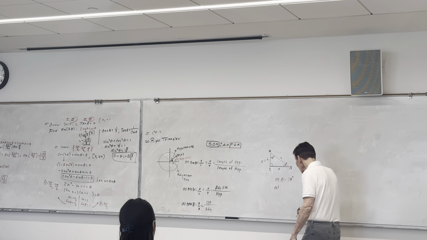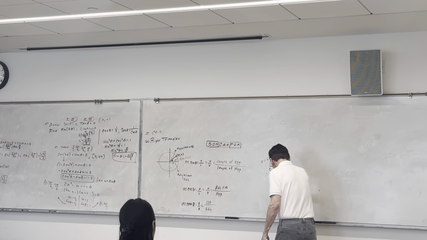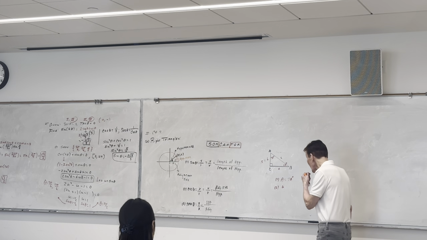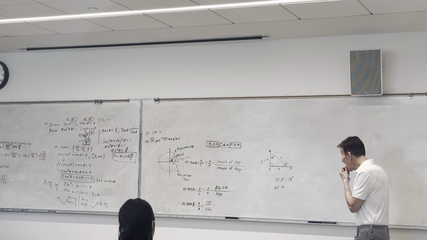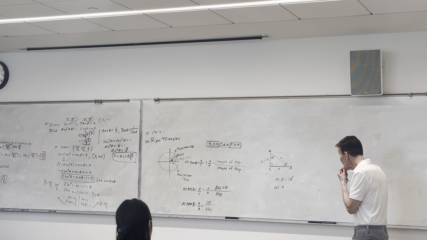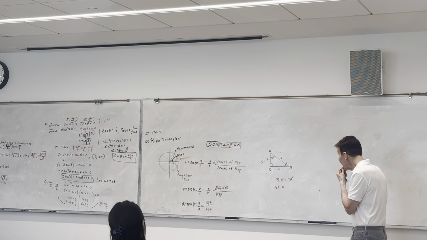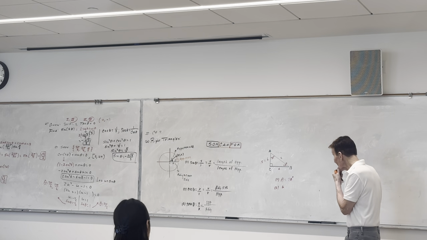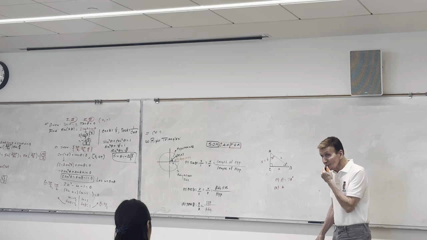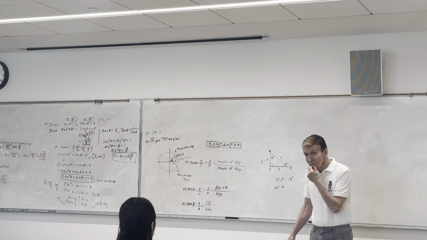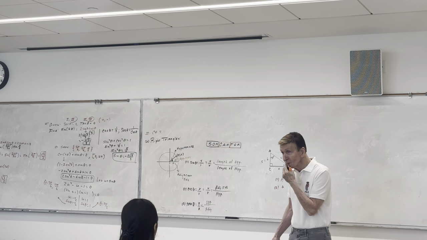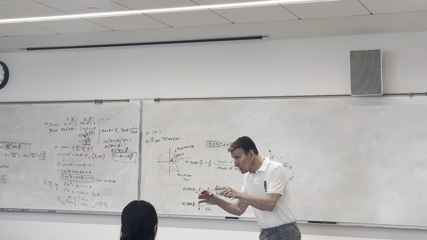Missing is side A. If you want to have an idea of how to approach and find side A, lowercase a, or lowercase c. And do I have the triangle set up correctly? You do.